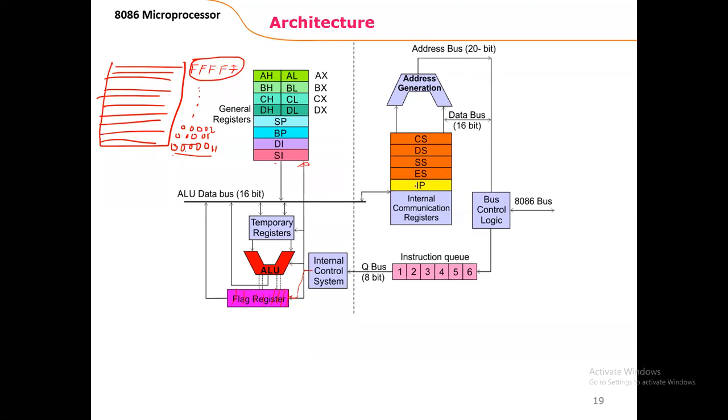It's the location creator, where the data storage position is. But this is not possible directly, because this IP is 16-bit and our address is 20-bit. So how is it possible to create a 20-bit address from 16-bit?